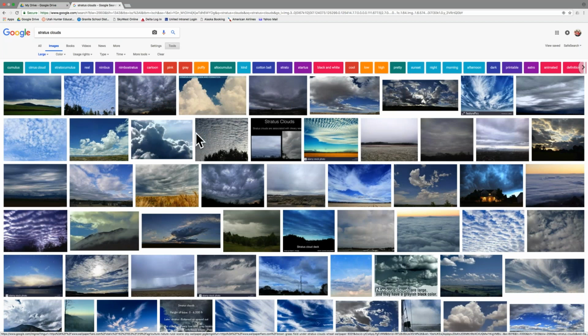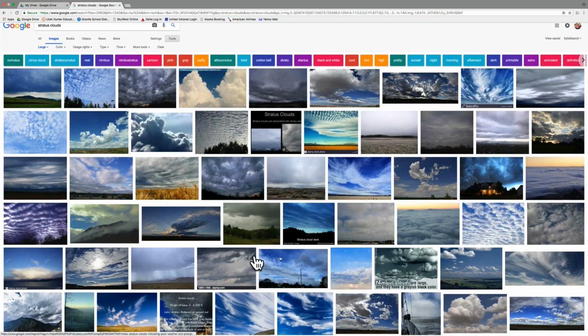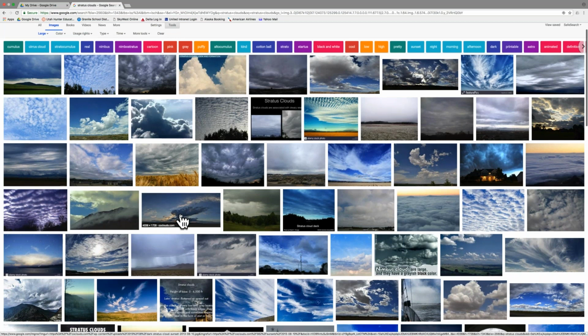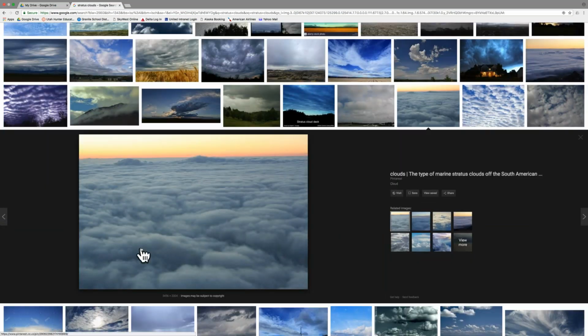Those aren't stratus. It's cirrostratus, but not stratus. So yeah, stratus clouds are just nondescript little puffs.